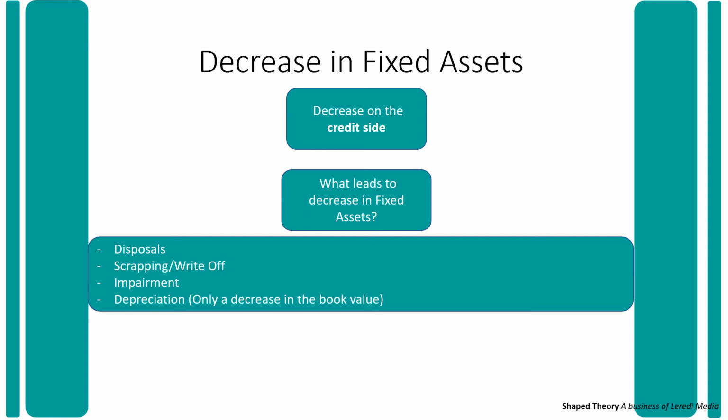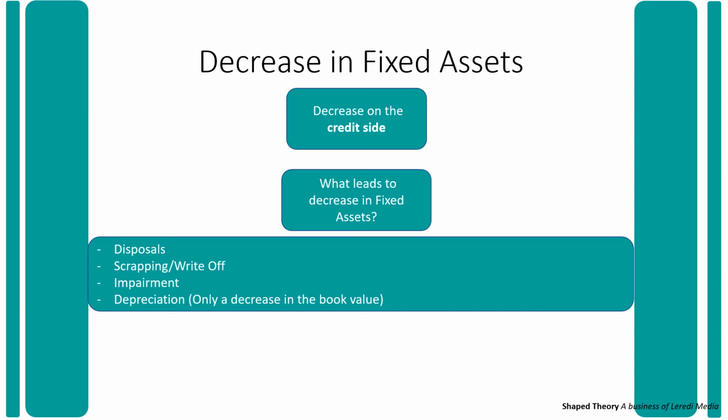You see on the slide I have depreciation, but depreciation is not going to form part of this video because we have a separate video that deals with it. If you look at the three items above, they directly decrease the fixed asset value in the balance sheet.